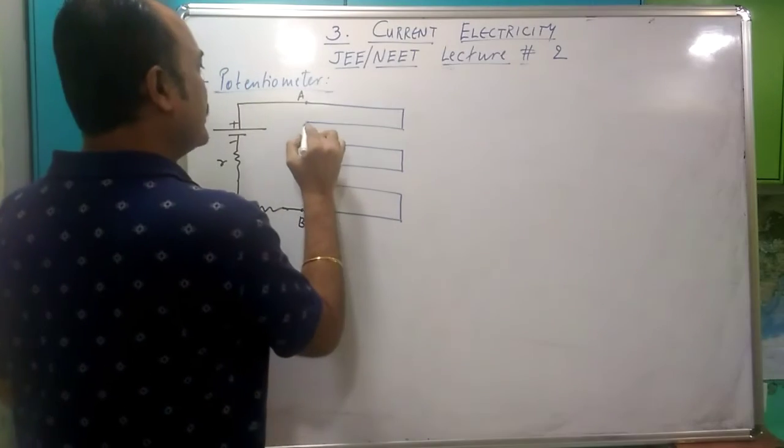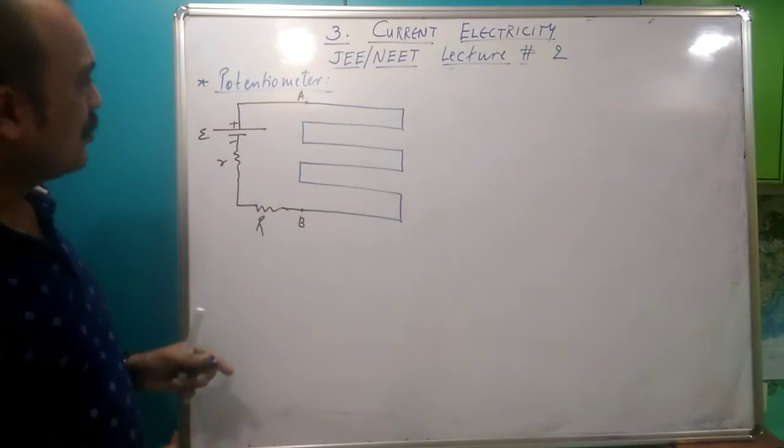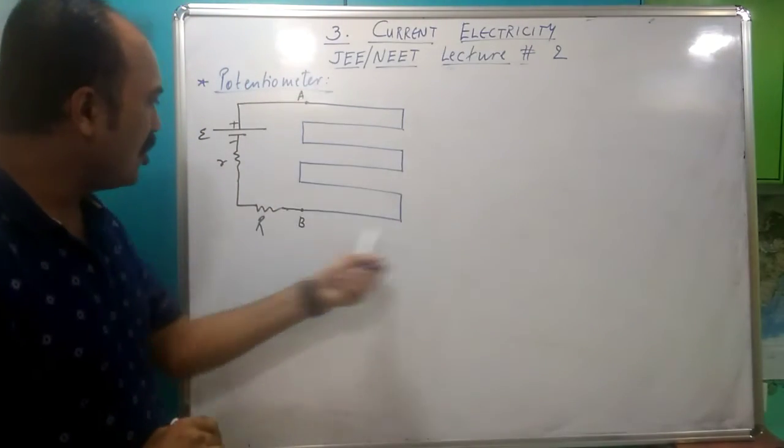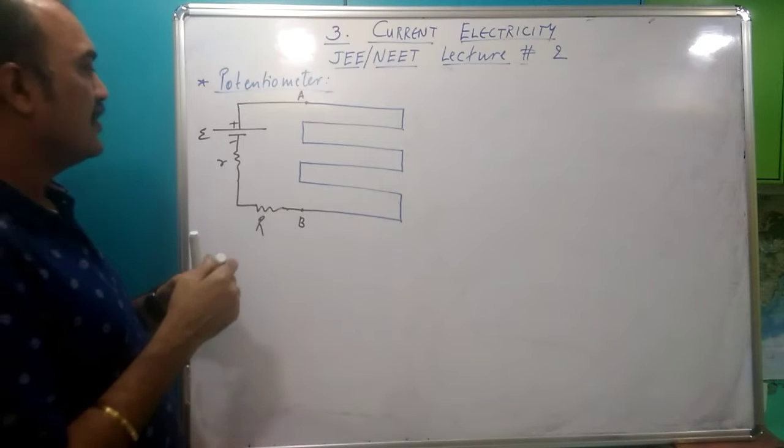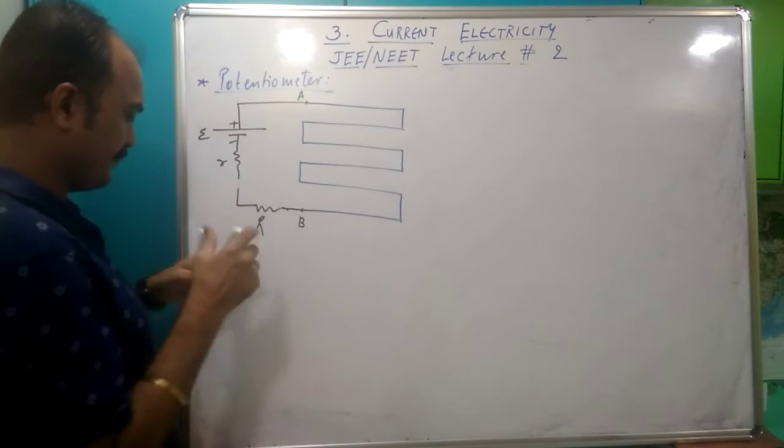It's always good to draw these wires first. Okay. So AB is my long potentiometer wire, and as you can see, I have a key here.